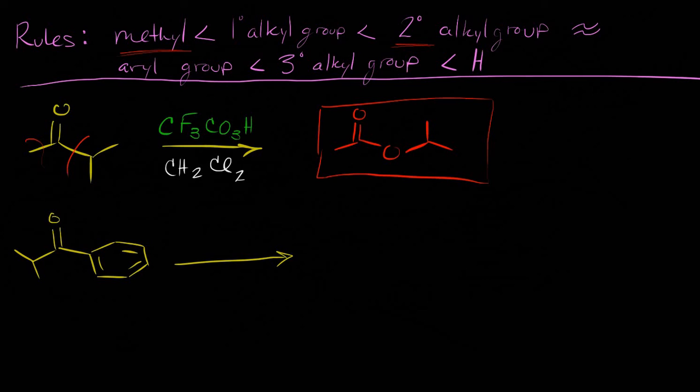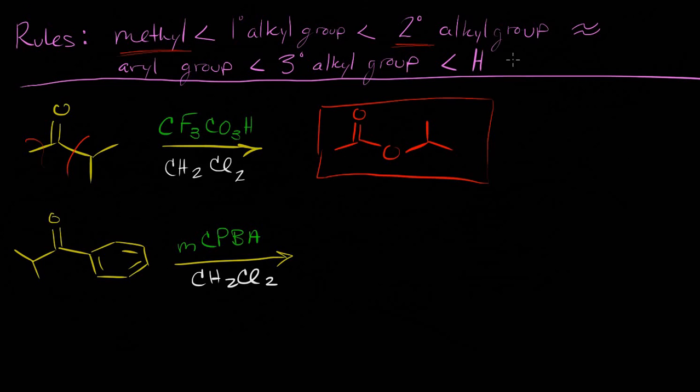Okay, let's do another one. So here we're asked the same question, what do we expect the major product to be? Well, if you're given something like this, it would not be totally far-fetched if you suggested that there'd be a 50-50 mixture of both products. And why is that?